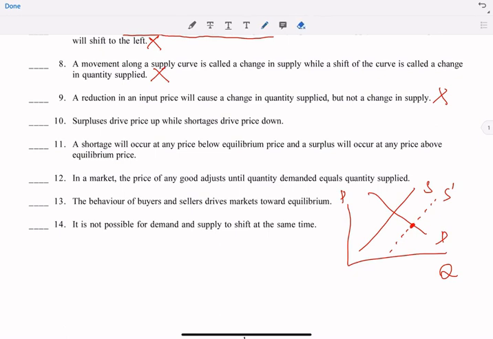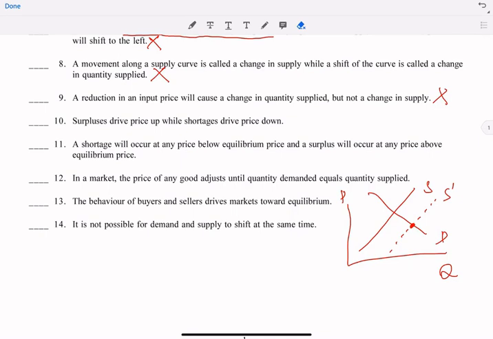Okay, the 10th question. Surpluses drive price up, while shortages drive price down. Well, this is not right because you can actually, first you could go back to the lecture note.